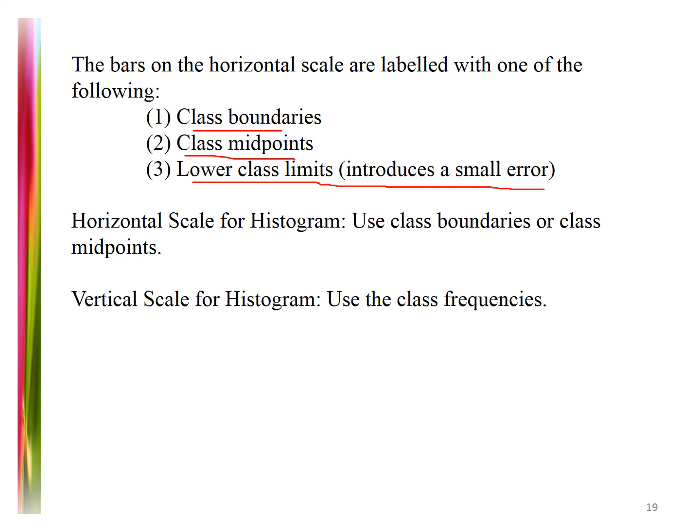If you indicate the lower class limit, you introduce a small error, so our natural starting point is 0. If you start your first bar at 142.5, you have to use the same approach. Suppose this is our first bar, then you have to use this continuity correction. So the horizontal scale of the histogram is class boundaries, class midpoints, or lower class limits, and the vertical axis is frequency.